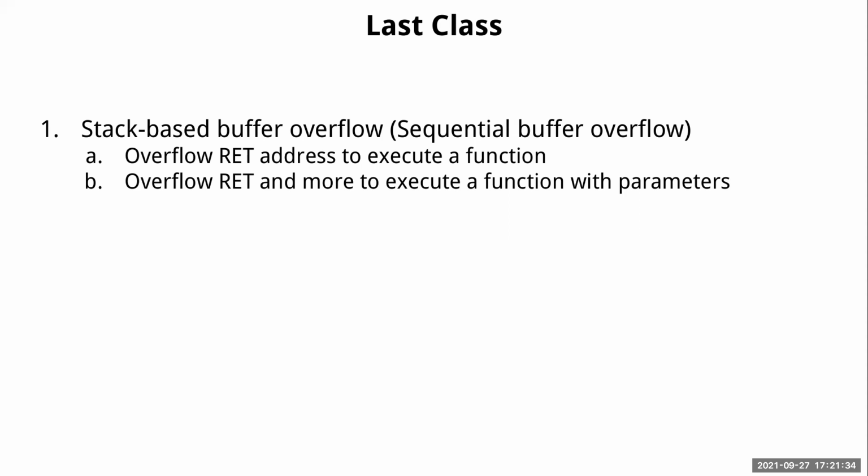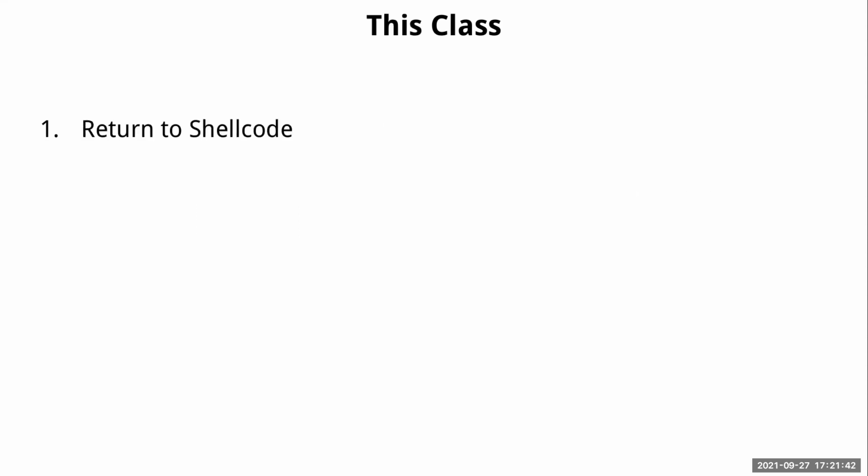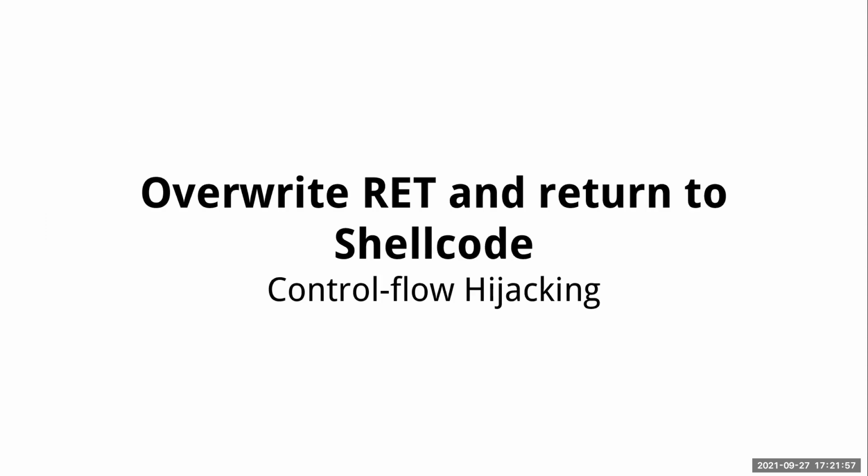Now we know how to return to any function we want, even functions with parameters. So today will be our first class to do return to shellcode. We will also write your first shellcode. We will dissect a shellcode to see how it works. So this is obviously your control flow hijacking attack.